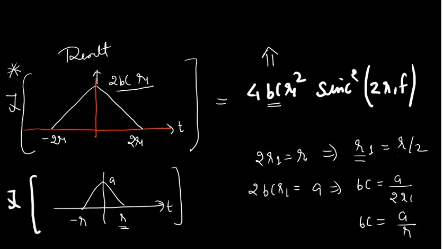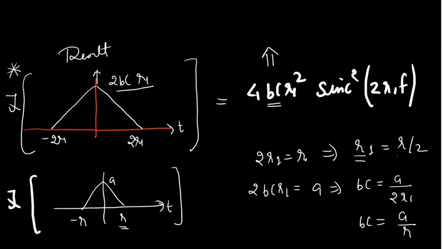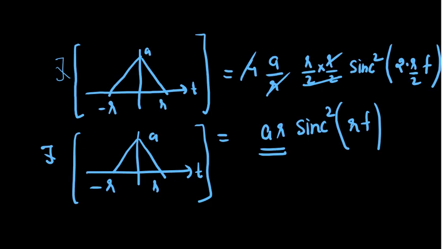We generally see that the Fourier transform of a triangular pulse is sinc squared. Please check if there are any calculation mistakes and let me know, but I think all is well. This is how we evaluate the Fourier transform of a triangular pulse.